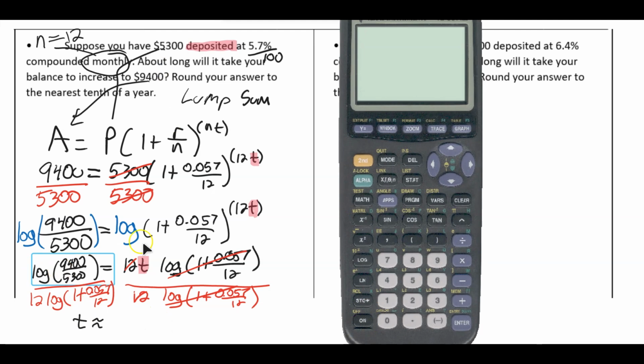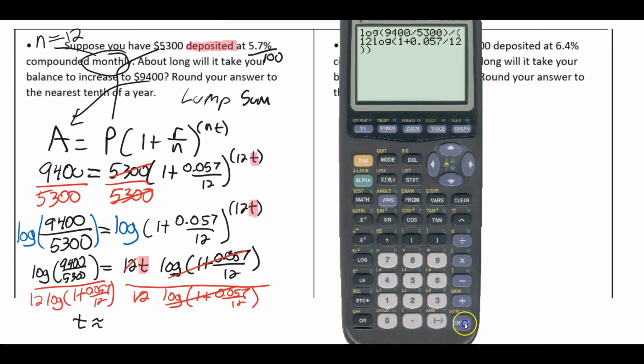So we have the log on top, so log, and then 9,400 divided by 5,300. That's the numerator, and then divide by. Now because the denominator has a multiplication, I need a parenthesis around it. So it's then in parentheses, the denominator 12 log, and then it opens its own parenthesis, 1 plus 0.057 divided by 12, close the log, and then the denominator parenthesis.